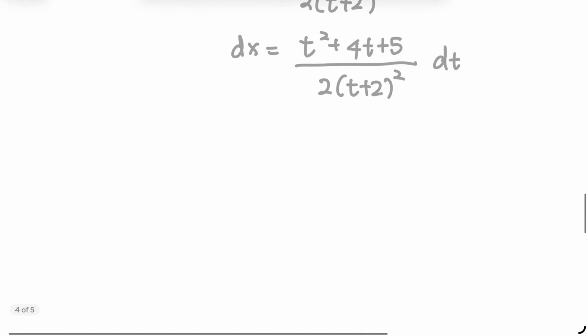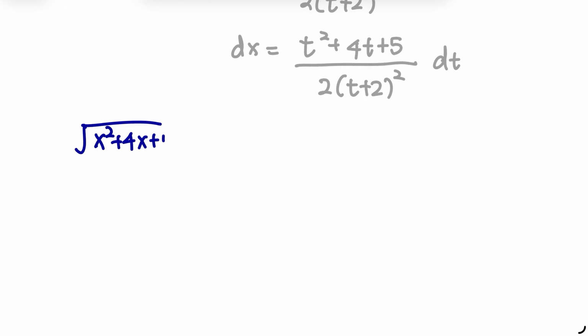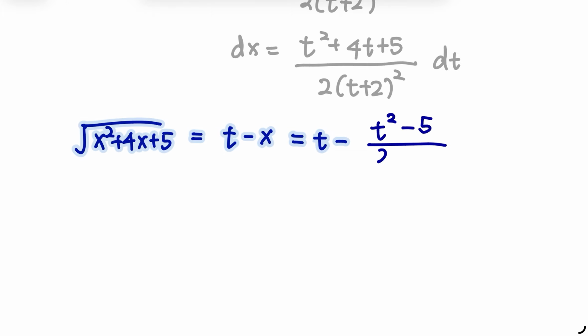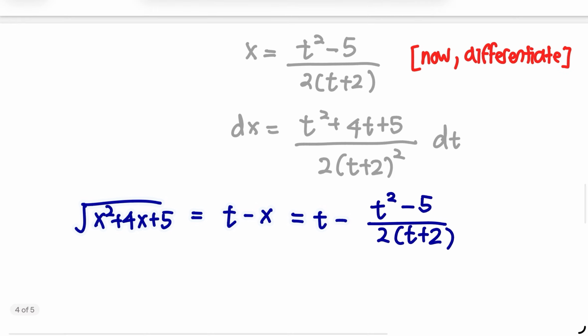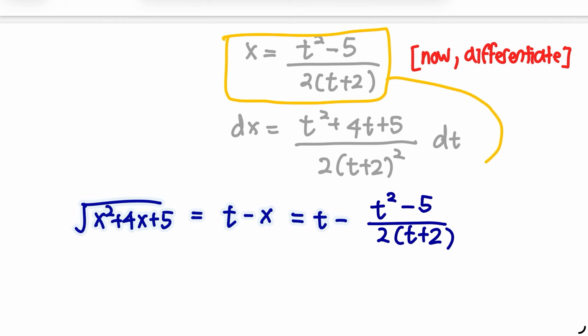Thus, we can use the substitution that the square root of x squared plus 4x plus 5 is equal to t minus x, which is the same thing as t minus (t squared minus 5) over (2t plus 4), because we can substitute in here.